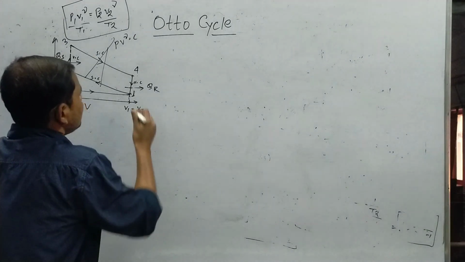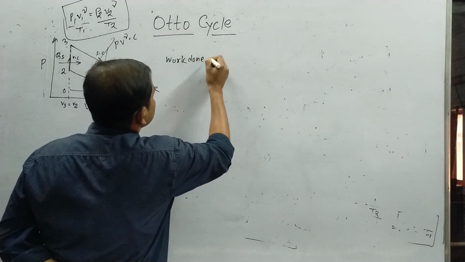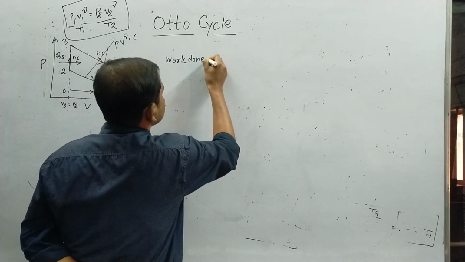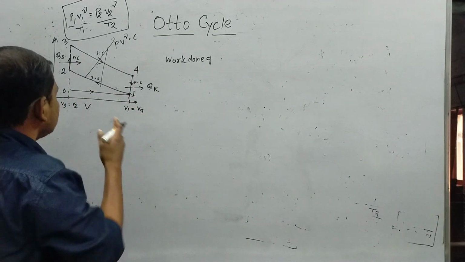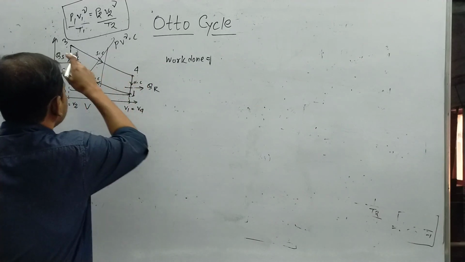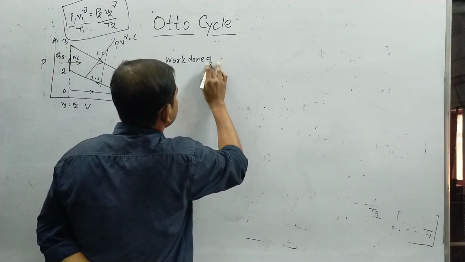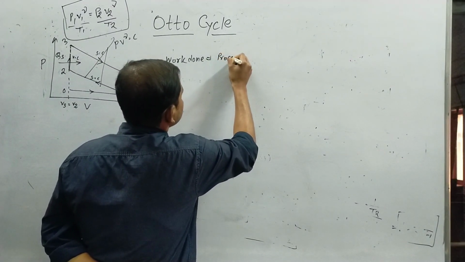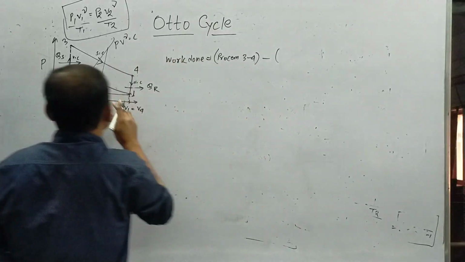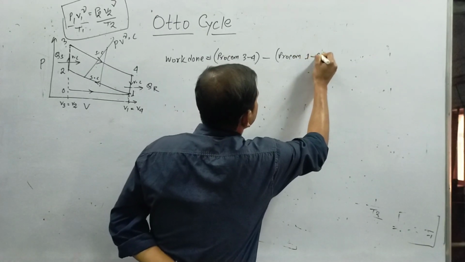So we can write this: this is the work done. If we want to calculate the work done, then we can define it like this: work received from this reversible adiabatic process 3 to 4, minus the work consumed by process 1 to 2.